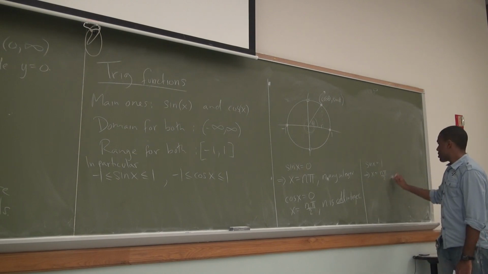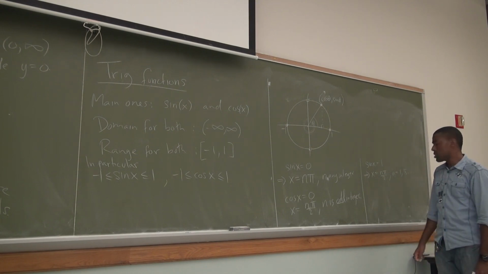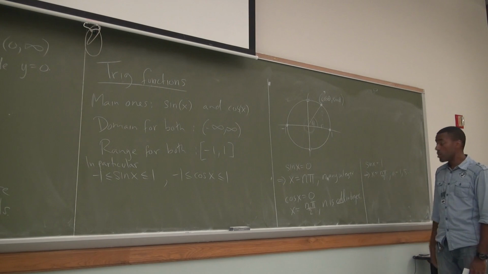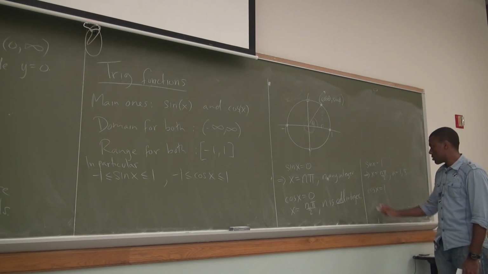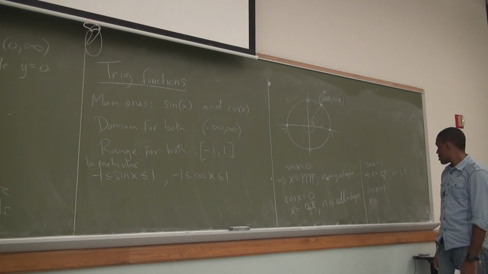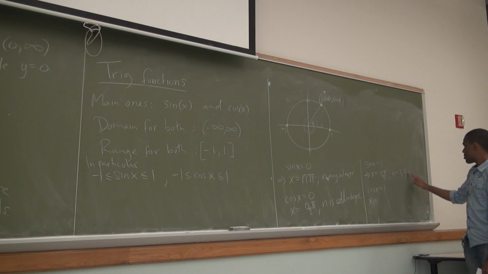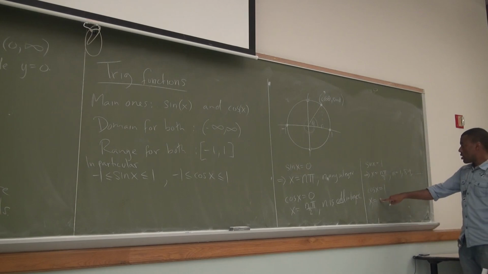So n is like 1 and 5. So you have to skip some. It goes by fours. Cosine x equals 1 is easier. Professor, it says n equals 1, comma 5? Yeah. You keep skipping. 1, 5, 9. Go by fours.